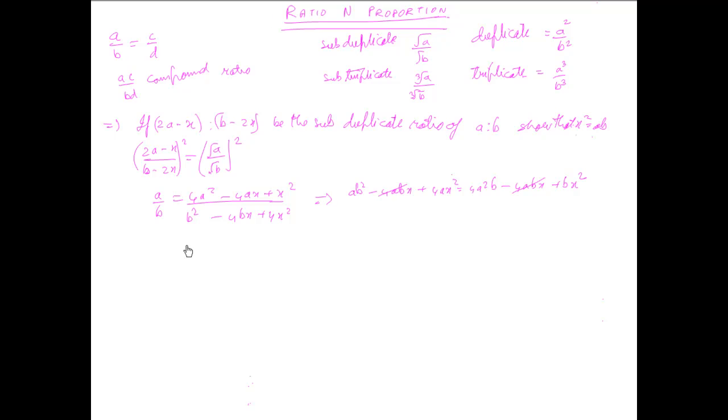Now children, bringing all the x squared terms together, that's 4ax squared minus bx squared is equal to 4a squared b minus ab squared. Now children, when we take ab common, we get 4a minus b, and now that gives us x squared value from here as ab into 4a minus b upon 4a minus b, which cancels to give you ab. So x squared is equal to ab, children. That's what we have to prove.